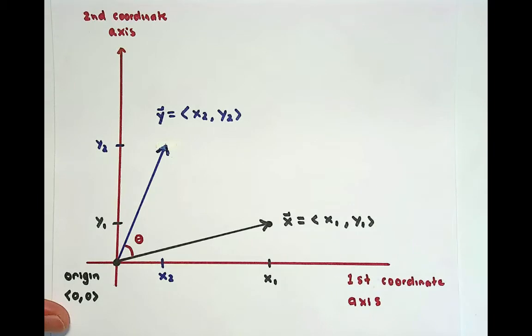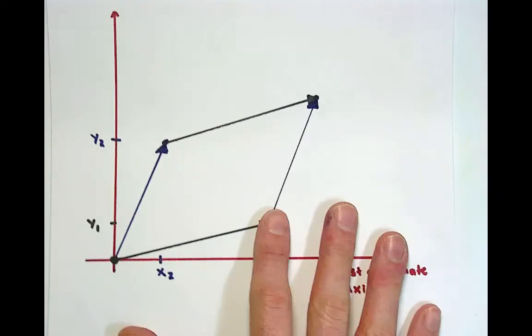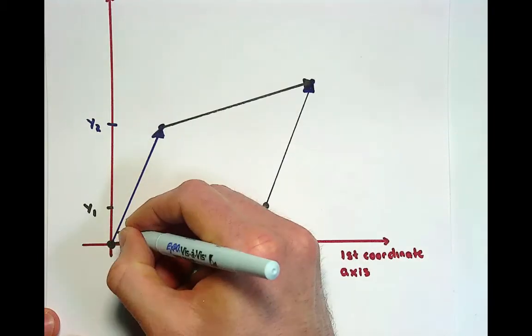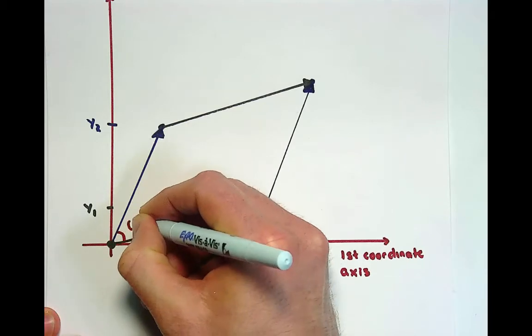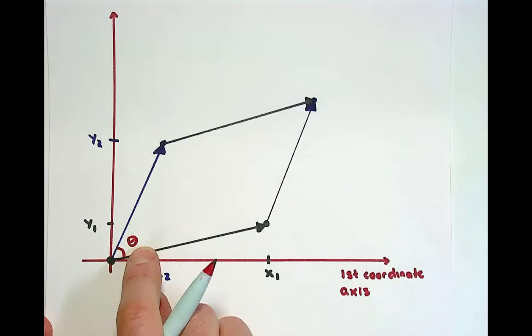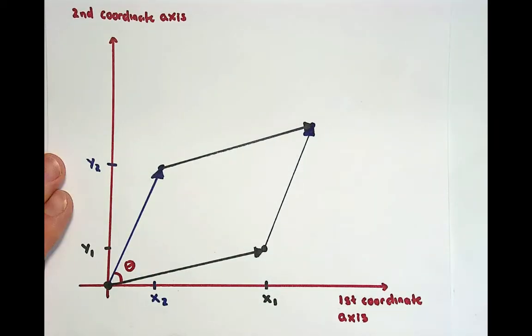Because of this, I want to introduce a very useful concept, which is that there is a connection between this angle right here, the angle that we care about to measure perpendicularity, and the area of this parallelogram.